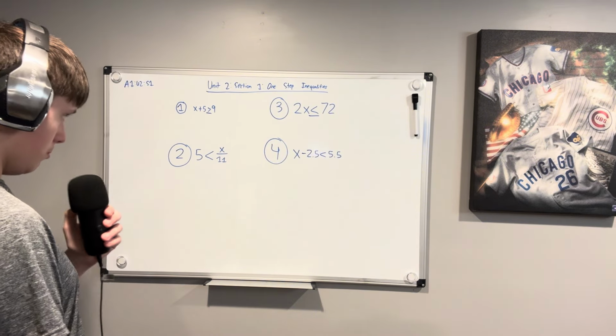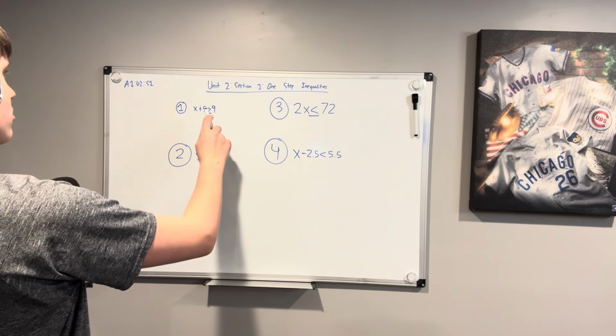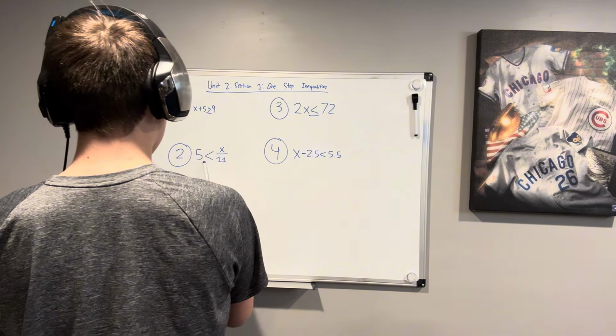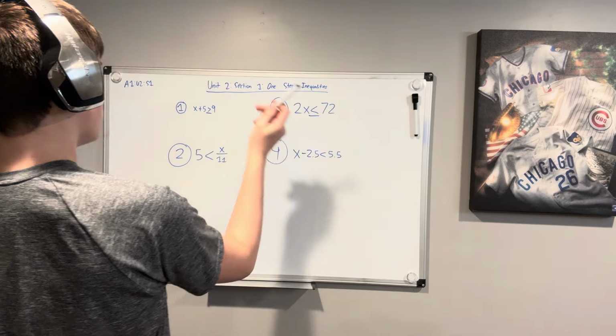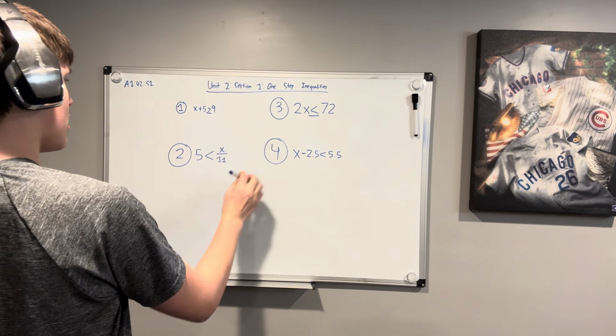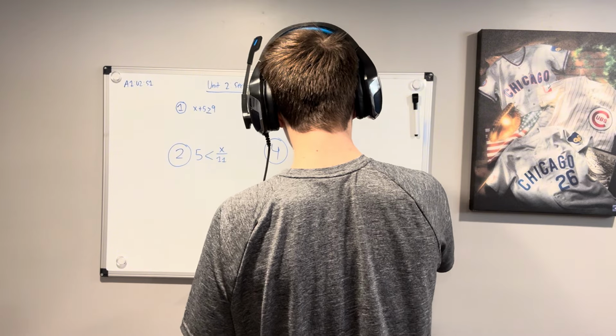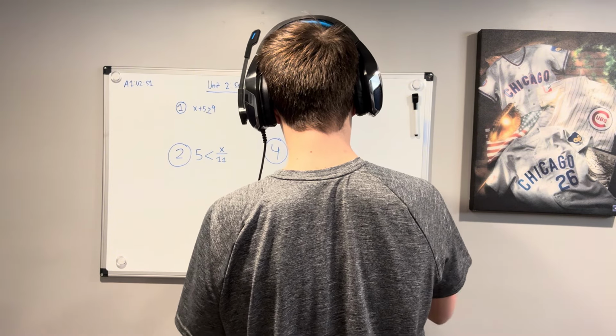So, spoiler alert, we have greater than, no, I lied, less than or equal to, greater than or equal to, and then greater than, which I just didn't put on the board. But you know what, I will. Let's turn this into this.